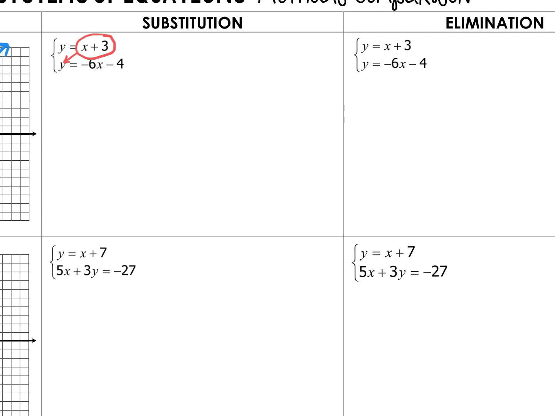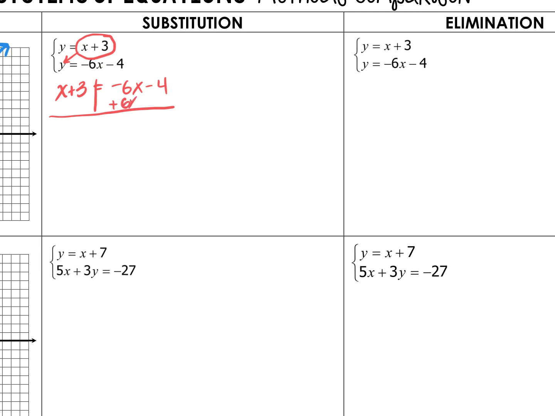So plug that in. You'll have x plus 3 equals -6x minus 4. I don't have to distribute because there's nothing else there. If there was a number to multiply it by, I would, but since there's nothing else there, that's fine. Then we solve this by getting, I'm going to move the x's first.